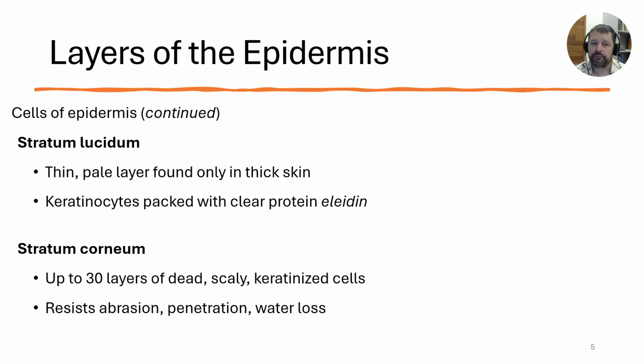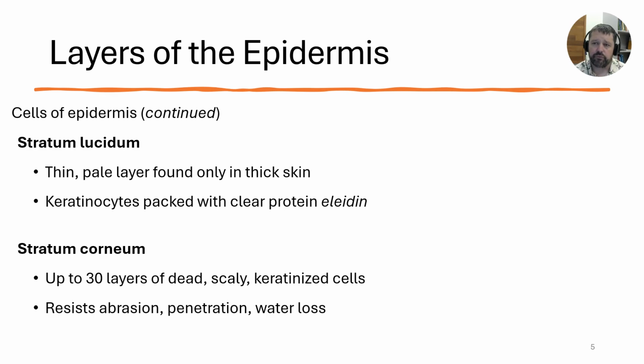And then the corneum, hey, is again dead, scaly. You're going to have some scuffing off. So some of these cells are leaving constantly, in certain regions more than others, but keratinized cells.